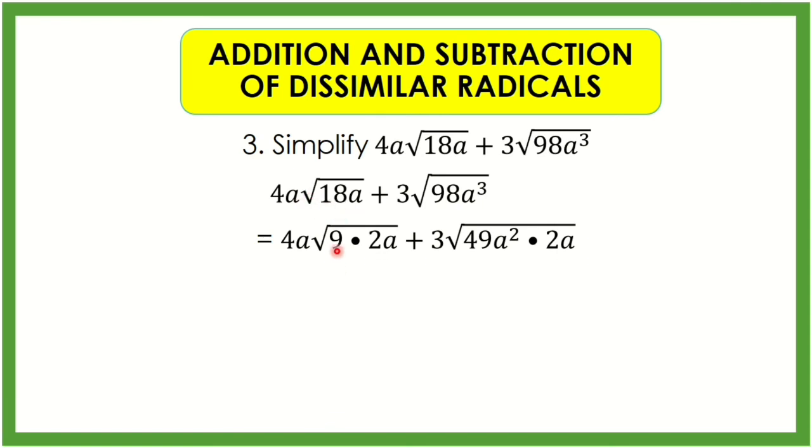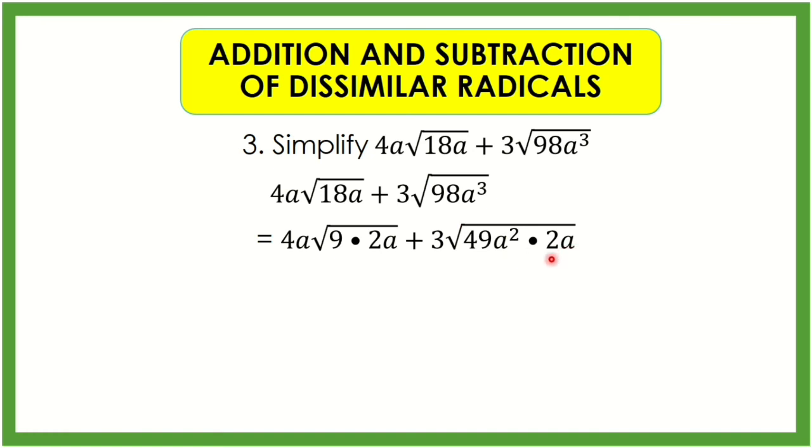That is 9 and 2. 9 is a perfect square. And then, isip tayo ng factors ng 98 na merong perfect square. That is 49 and 2. 49 is a perfect square. Since meron tayong cube dito, a cube, paghiwalayin natin, a square at saka a.